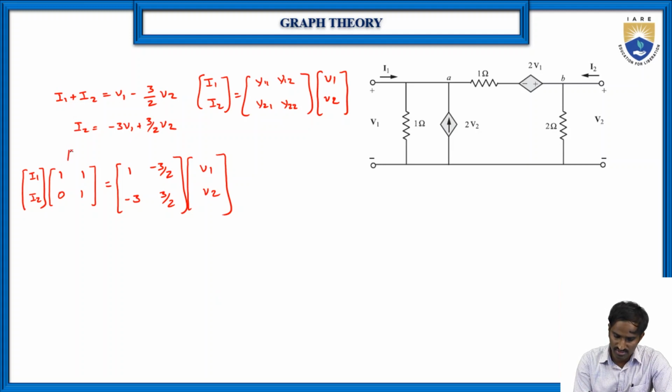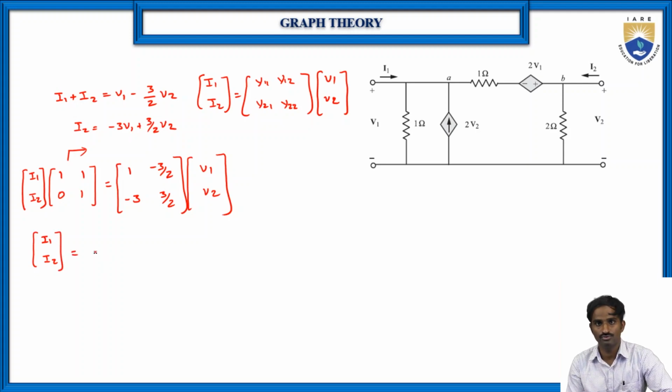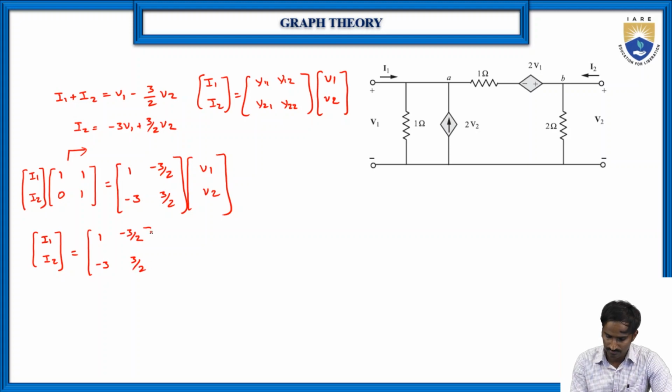For that, I am sending this matrix to the other side. Then it becomes I1 I2 equal to, already here 1 and minus 3 by 2, minus 3 and 3 by 2 is there. Then you have to multiply by the inverse of this particular matrix, 1 1 and 0 1, into V1 V2.